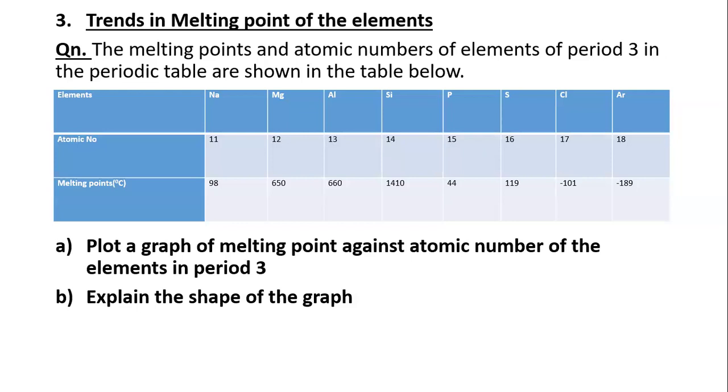So seriously, the table having different melting points and atomic numbers of the elements in period 3. They want us to describe the shape of the graph after plotting melting points against the atomic numbers.